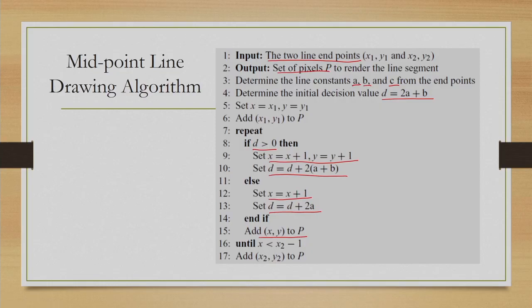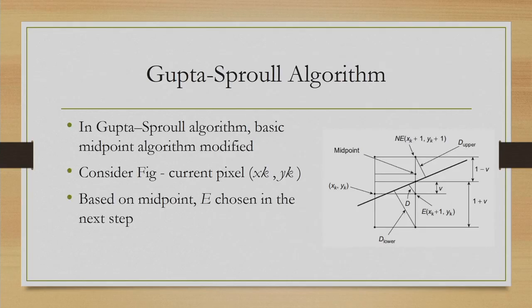Now, let us see how this midpoint algorithm is used in the Gupta-Sproul algorithm. Now, in the Gupta-Sproul algorithm, there is some modification to the basic midpoint algorithm. Consider this figure here.